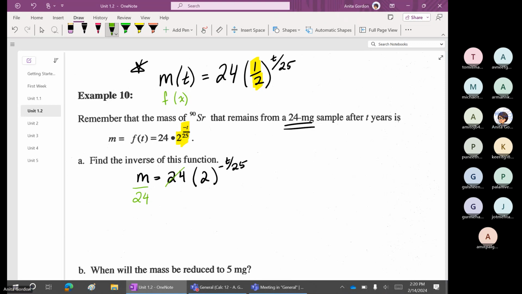So this is log base 2 of m over 24 equals. How do I write the right side if I log? Exponents become coefficients, right? What's my next step? Times 25. Can I do negative 25?